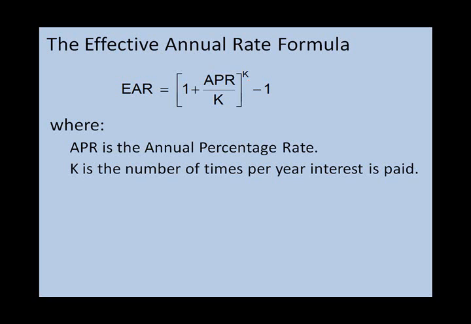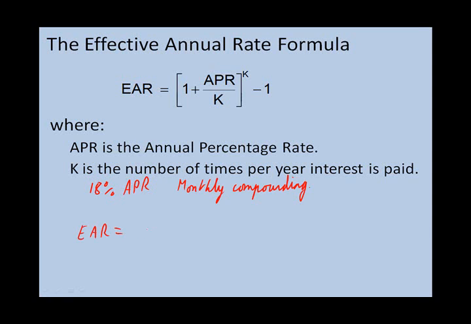I never believe formulas unless I can test them out and see them working in reality. So let's think about our example we just worked through. We know we've got a credit card with 18% APR, and we also know we have monthly compounding. What's the EAR?